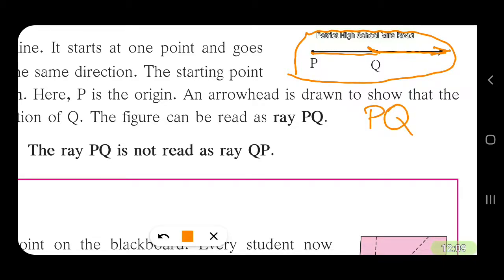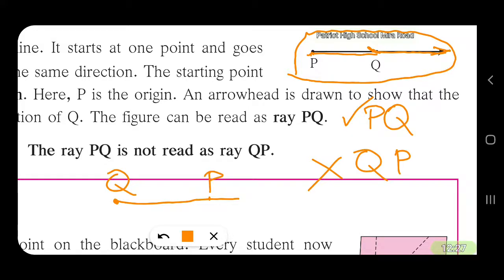You cannot call it as QP ray. It is not QP ray. It is PQ ray. This is PQ ray. But if you call this point as Q and this point as P, if Q is the source and you have this arrowhead over here, then it can be called as the ray QP.